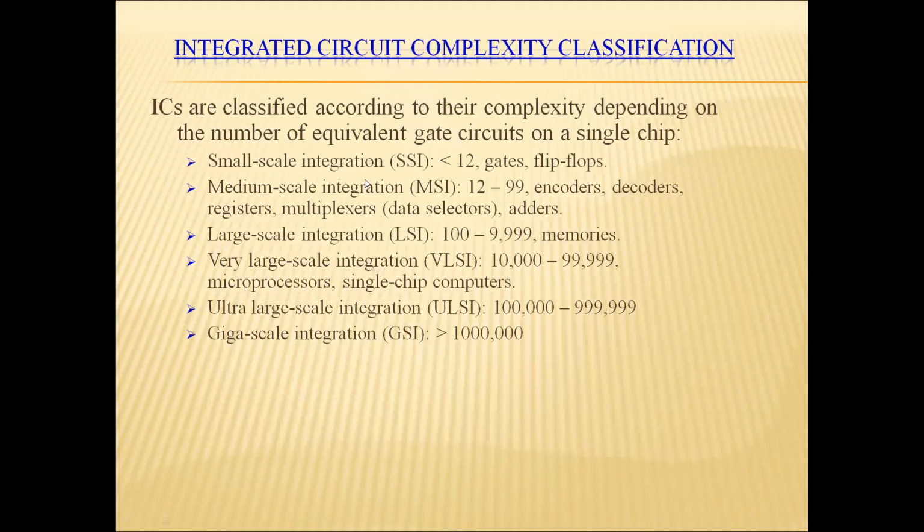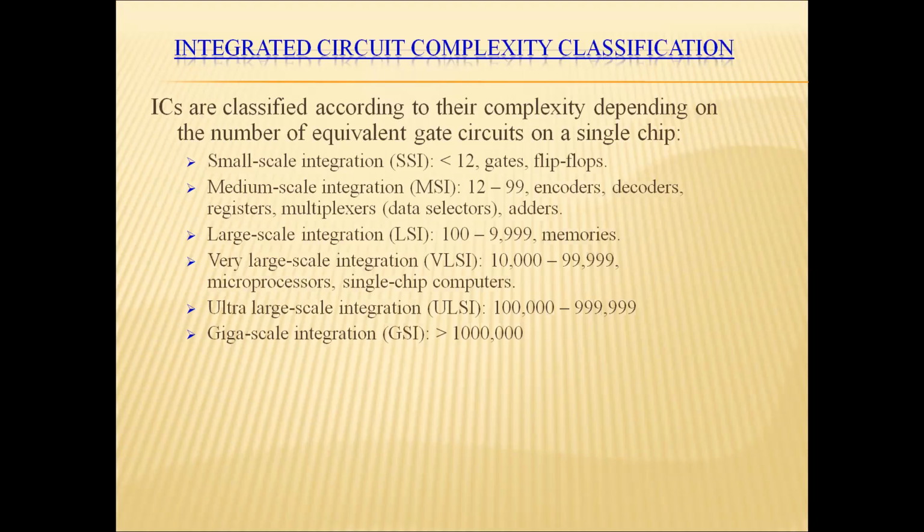The types of ICs depend on the number of transistors used. Accordingly, the gradation has been done: small scale integration, medium scale integration, large scale integration, very large scale integration, ultra large scale integration, and giga scale integration. Although there is a limit, integration is nothing but putting a number of transistors in a chip, because to perform operations we require more and more transistors.